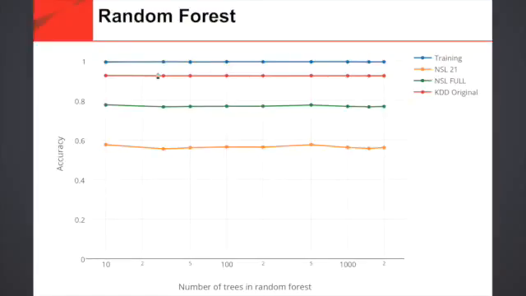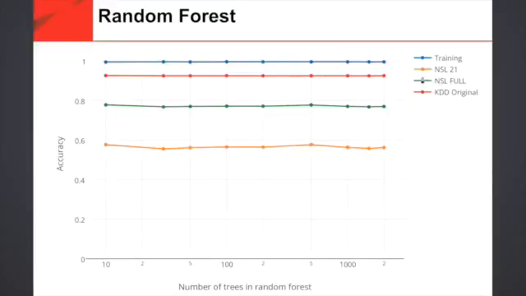You can see that the accuracy of training is very high, but for the other test sets, NSL21 only contains the most difficult records in the KDD dataset, and NSL4 contains all datasets except the duplicate data.